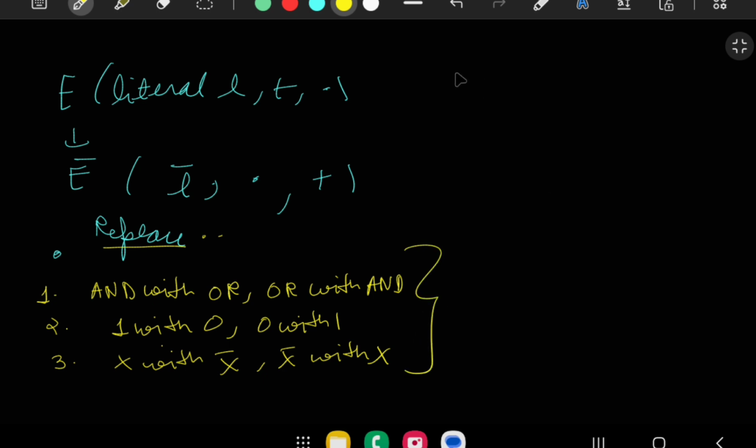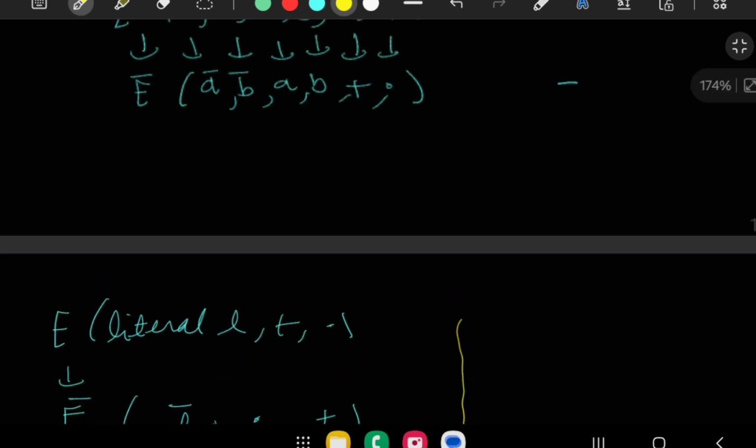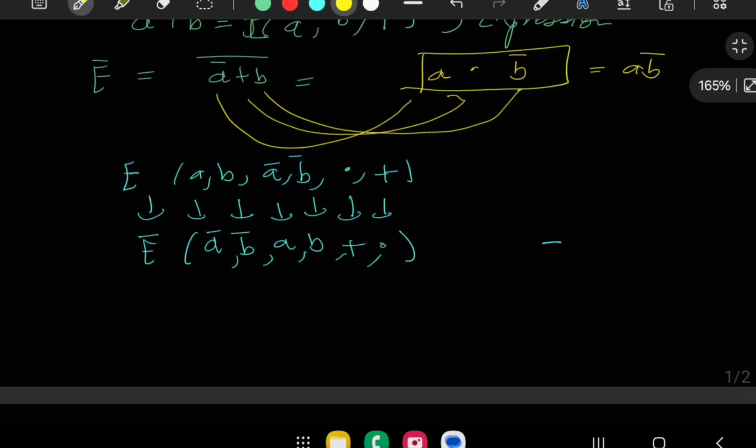So this is something that you have to keep in mind. So here you can just update it: 0 and 1 will also be there, one and 0.